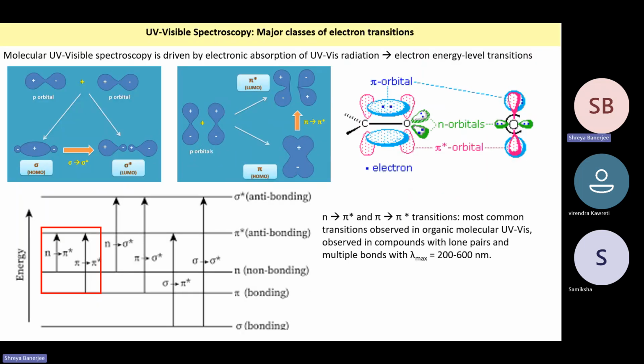HOMO basically stands for highest occupied molecular orbital and LUMO for lowest unoccupied molecular orbital. If you have a single sigma bond, the HOMO will be sigma and LUMO will be sigma star. If you have a pi orbital, imagine this compound, but imagine you don't have the non-bonding orbital, so this energy level you don't have. Then your pi will be HOMO, pi star will be LUMO.